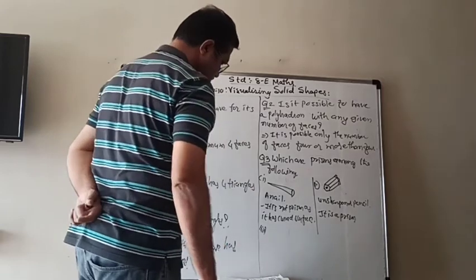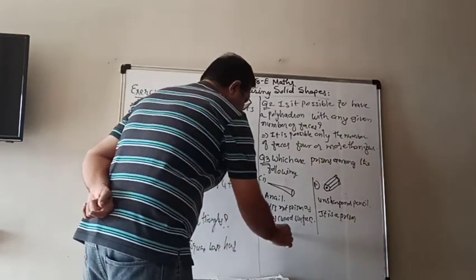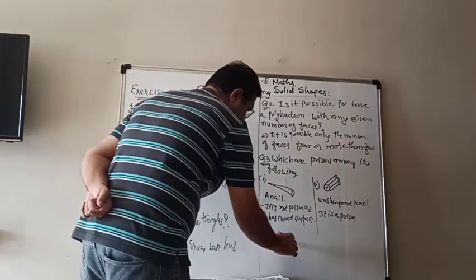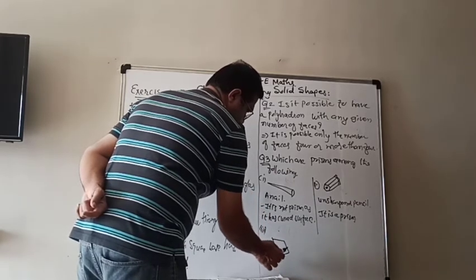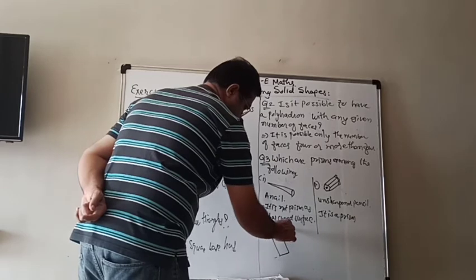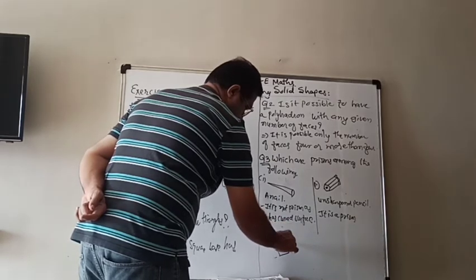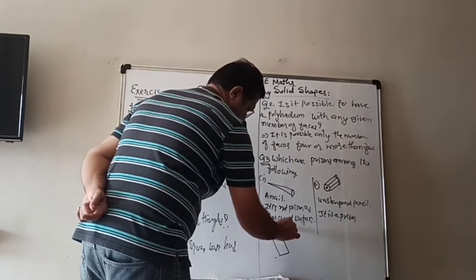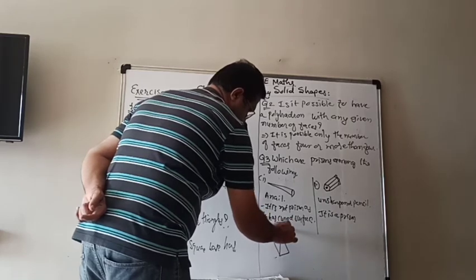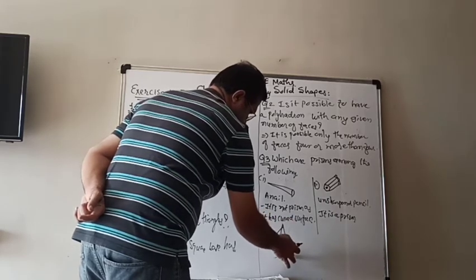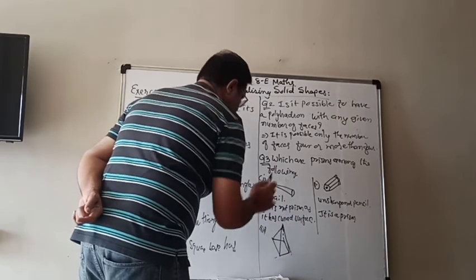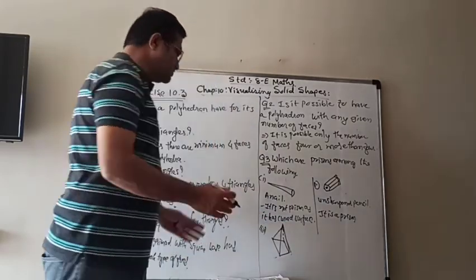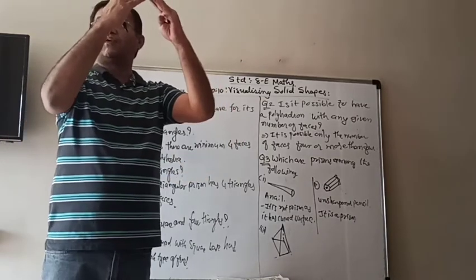Third one is a table weight like that. Now you can see that it is having one common vertex.